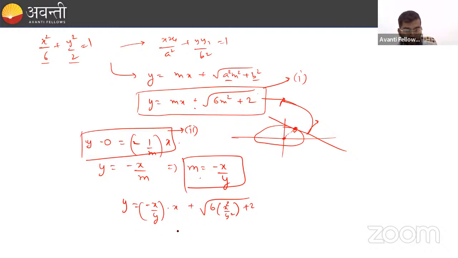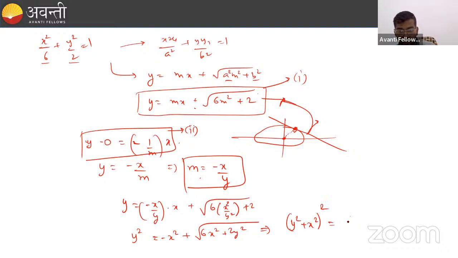This becomes y square equals minus x square plus the root of 6x square plus 2y square, right? This becomes y square plus x square, so x square plus y square whole square equals 6x square plus 2y square.